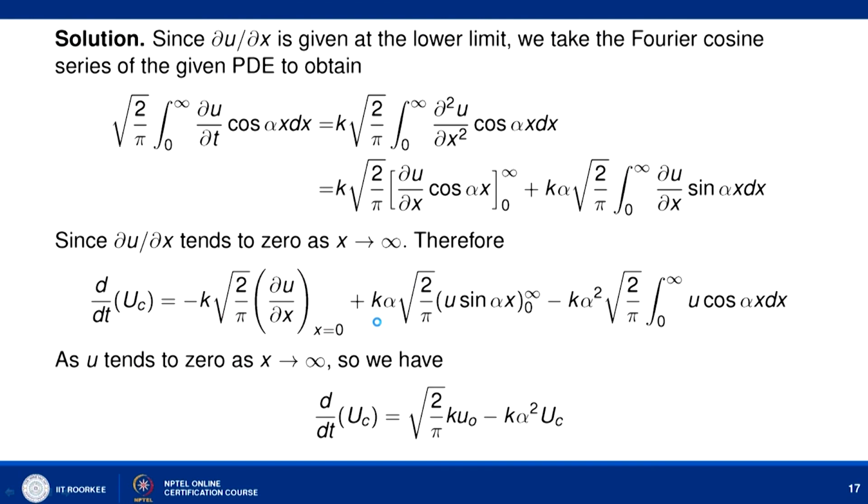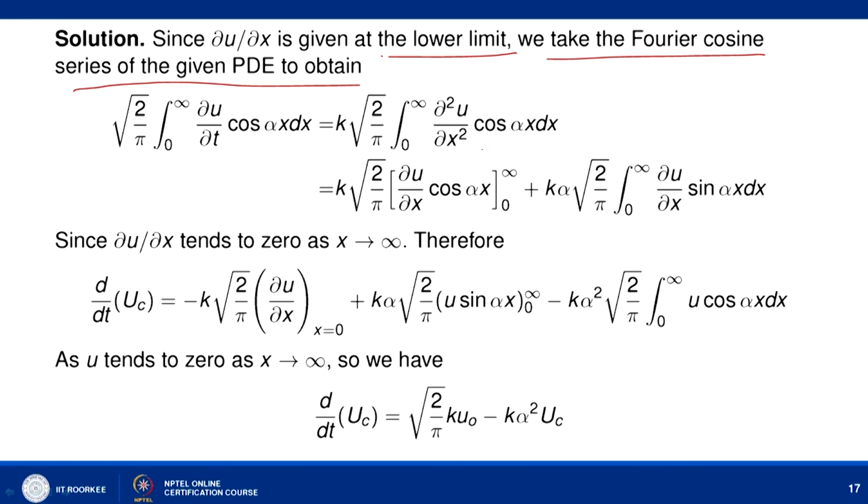Since du/dx is given at the lower limit, we take the Fourier cosine transform of the given PDE to obtain the following equation: root 2 by pi, integral 0 to infinity, du/dt cos alpha x dx equal to k times root 2 by pi, integral 0 to infinity, d squared u/dx squared cos alpha x dx.